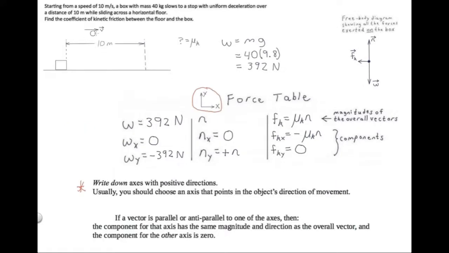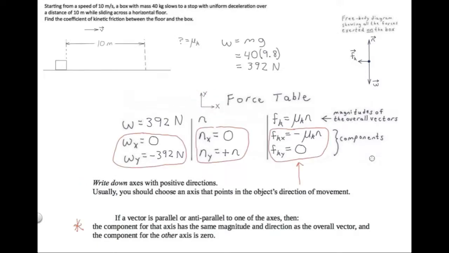The object is moving to the right, so let's choose a positive x-axis that points to the right. Now we can break these forces into components. The normal force is parallel to the y-axis, the weight force is anti-parallel to the y-axis, and the frictional force is anti-parallel to the x-axis, so all three of the forces can be easily broken into components using this rule.